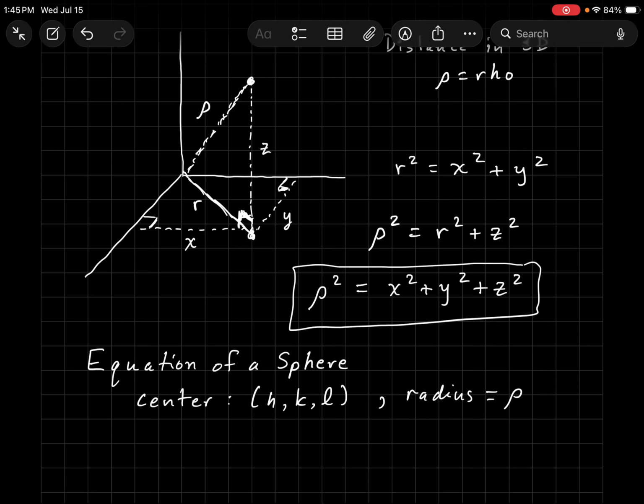If you realize that the equation of a circle is really the Pythagorean theorem in 2-dimensional space, it's very similar in 3-dimensional space. We're just going to shift the center here, and we get that the equation of a sphere is (x minus h) squared plus (y minus k) squared plus (z minus l) squared equals radius squared, or rho squared.